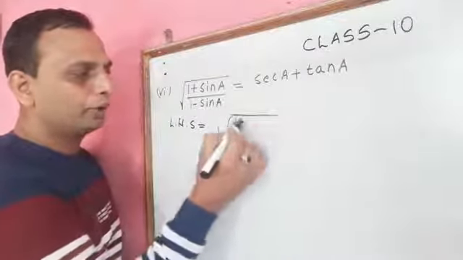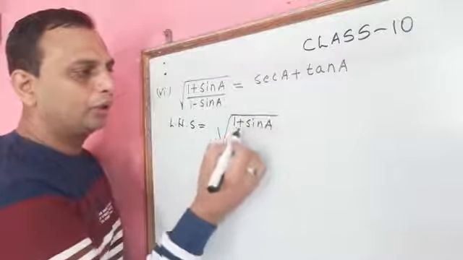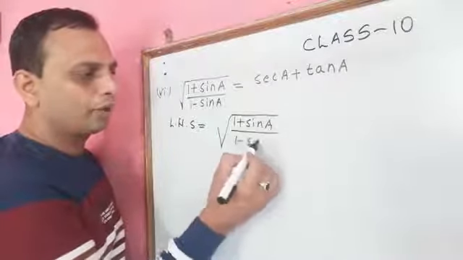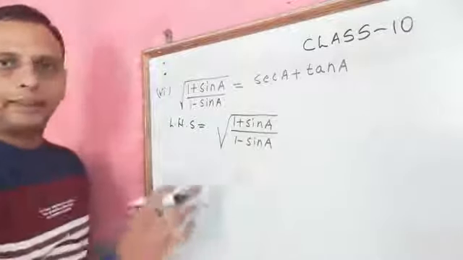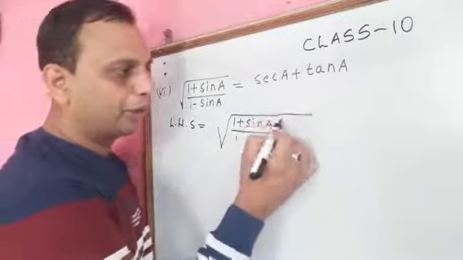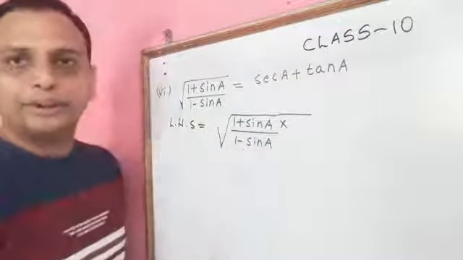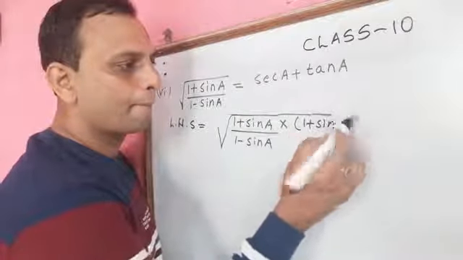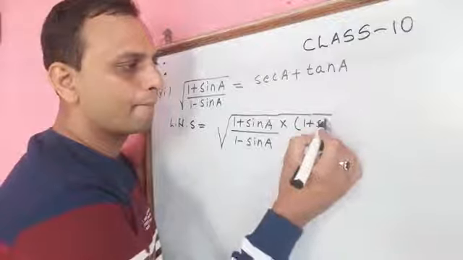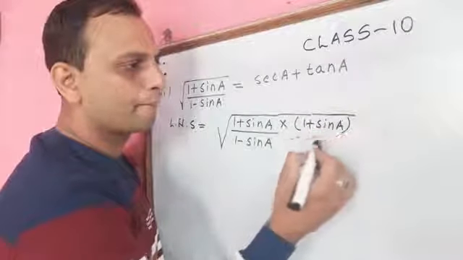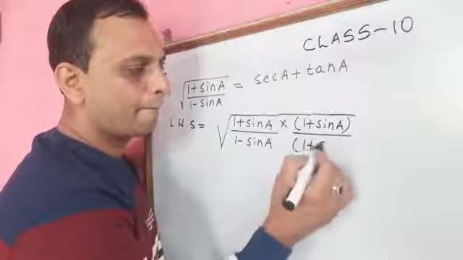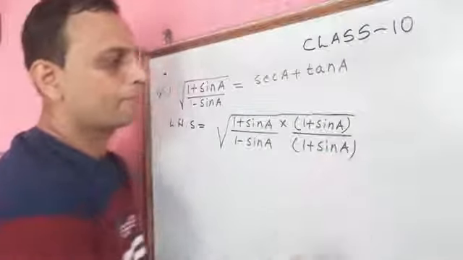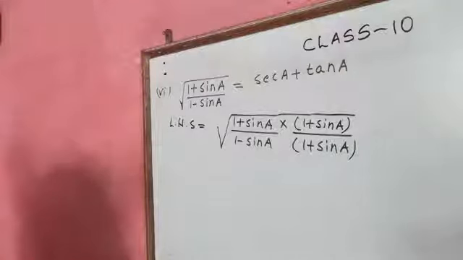Now rationalize the trigonometric ratio: 1 plus sin A over 1 minus sin A. Here you can see I have 1 minus sin A, so if the minus sign is there, we have to rationalize with the positive sign, 1 plus sin A. So we multiply by 1 plus sin A over 1 plus sin A.